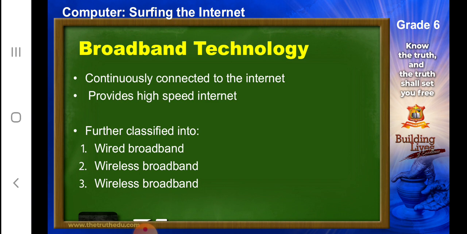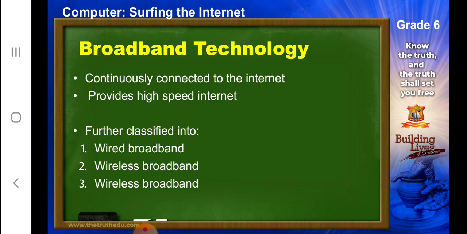In dial-up, you can receive a call or the internet signals, not both. But in broadband, it is continuously connected to the internet using the phone line.